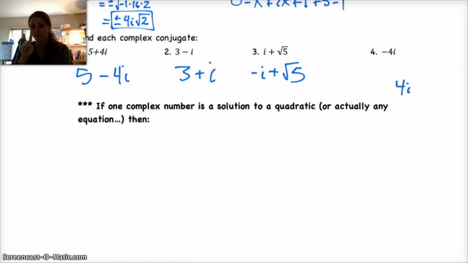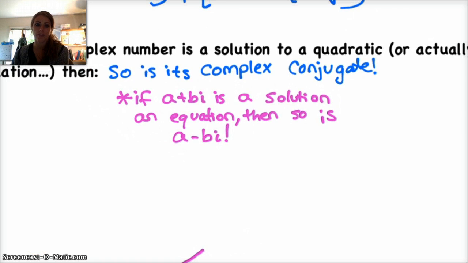That complex number and its conjugate. So you're always going to have a complex number and its conjugate that are paired together as solutions to a problem. So if one complex number is a solution to a quadratic, then so is its complex conjugate. And another way to think about that is that if a plus bi is a solution to an equation, then so is a minus bi.